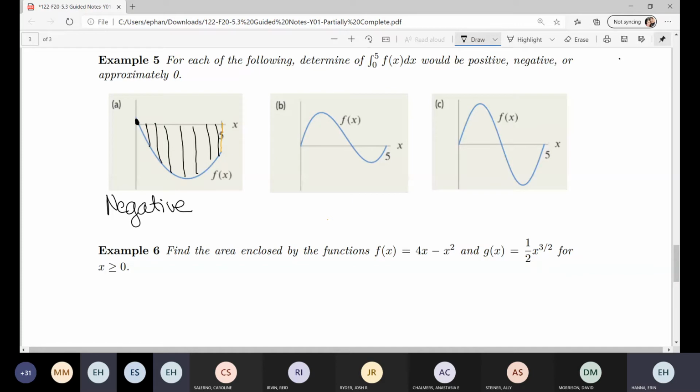Now in the second one, we have some area here that's above the x-axis, and then some area here that's below the x-axis. Now note that it seems like there's more area above than below, right? So the area that's above does seem a bit bigger than the area that's below.